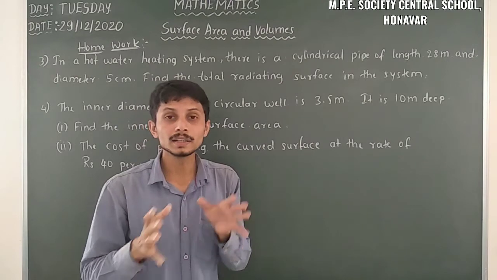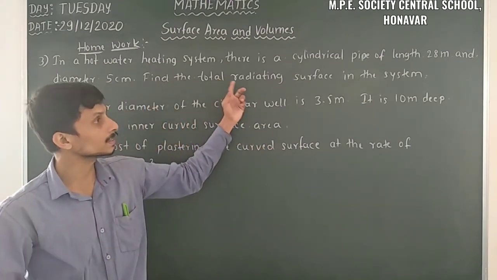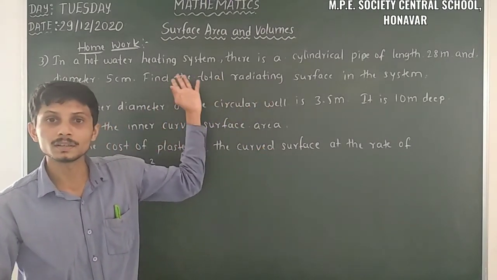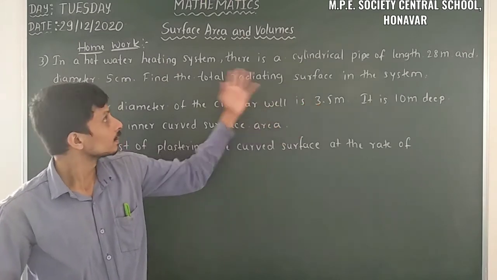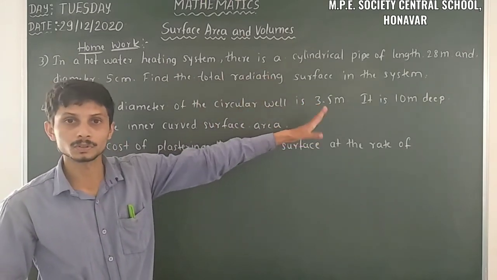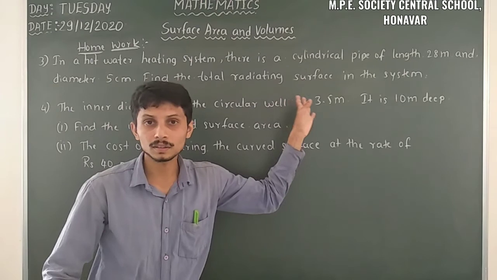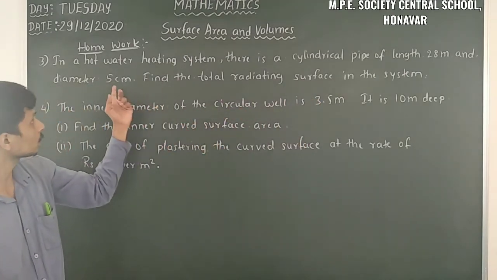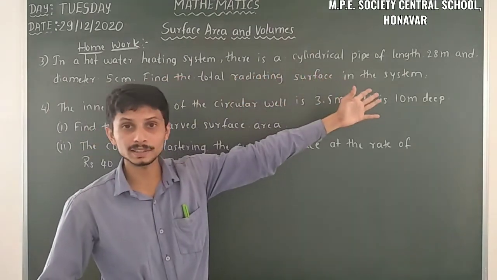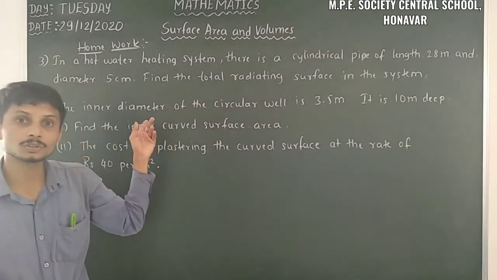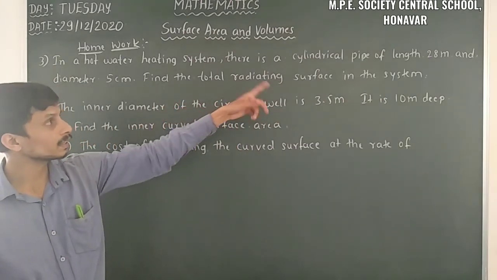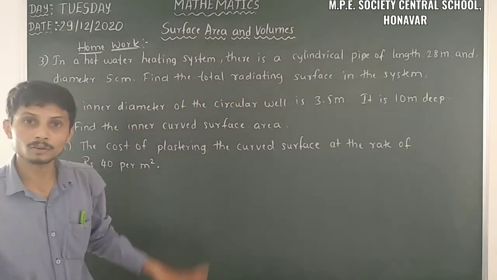That's why we have to find the curved surface area of the required cylindrical pipe. Here 5 centimeter and 28 meter are in different units, so you have to convert.